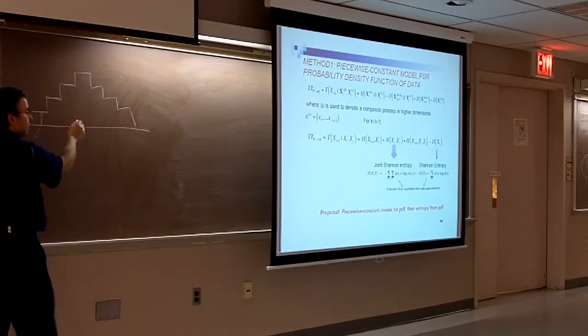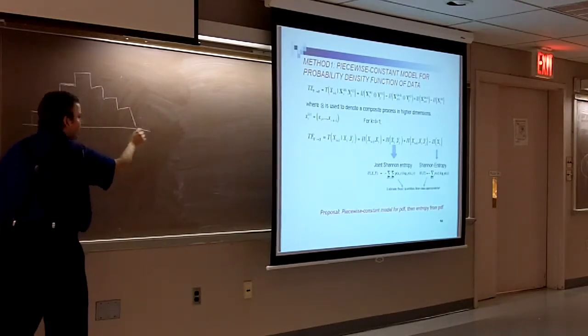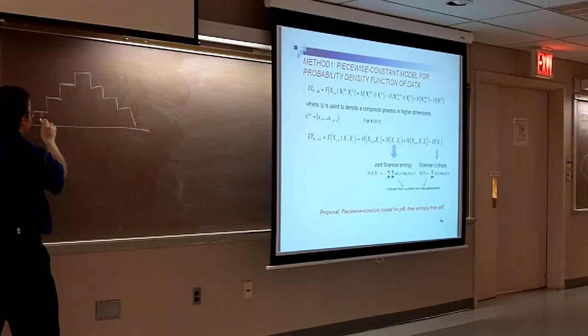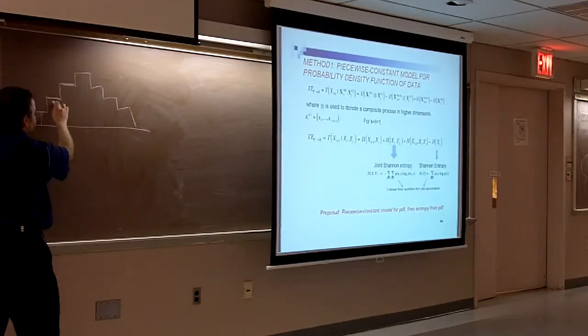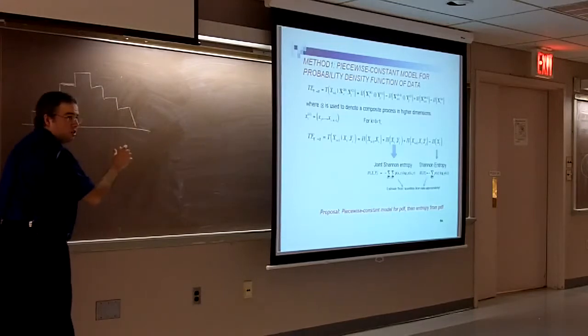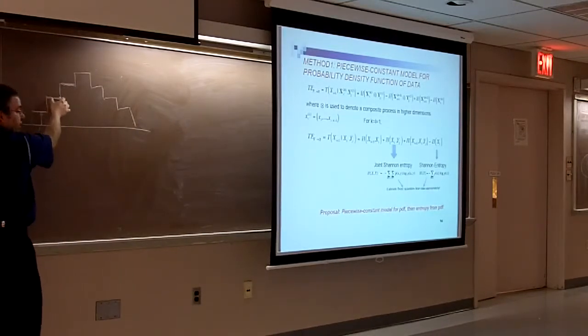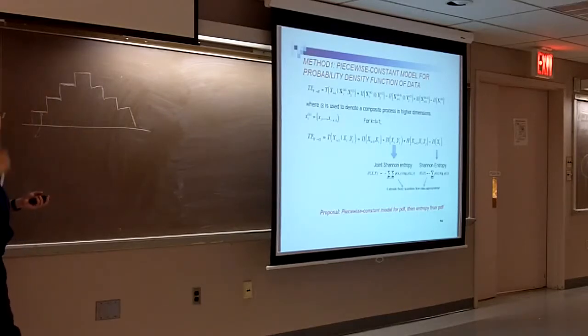This has its own density function, and it goes on. So what I do is I assign PDFs for each piecewise constant section, and then since these have PDFs, I can sample from them, right?